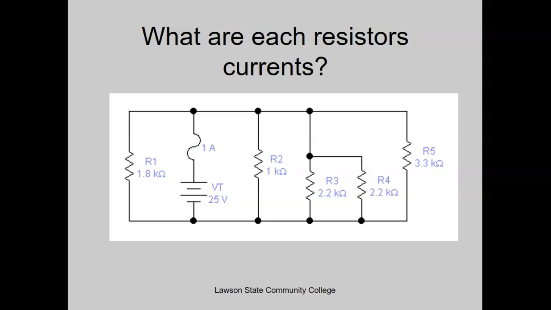All right, so what we have is 13.9 milli, 25.0 milli, 11.4, 11.4, and 7.57, correct? All of these would be milliamps, yes? Okay.